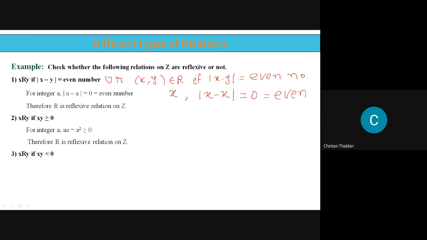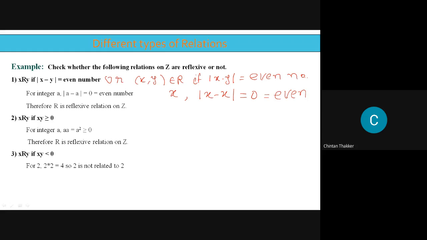It is not reflexive because we already saw in the second example that if we take a into a, we have a square, and a square is always greater than or equal to 0. Here, if we want to prove it is not reflexive, then we can use a counterexample.